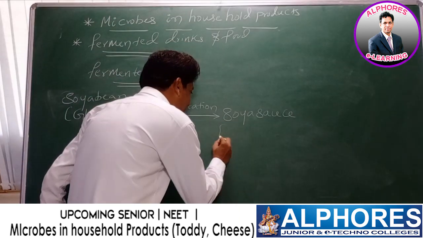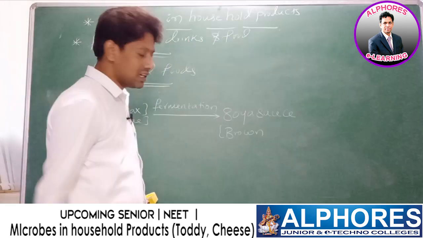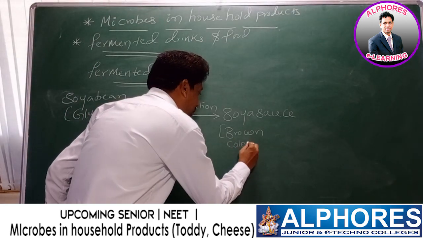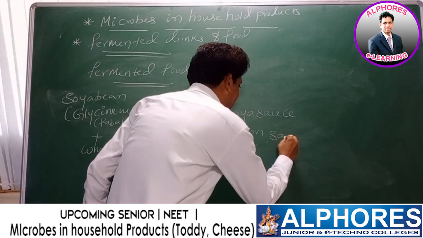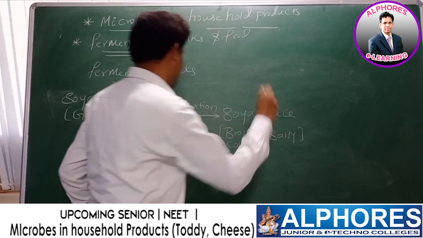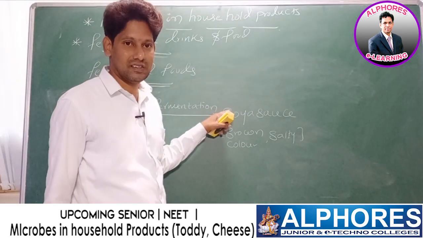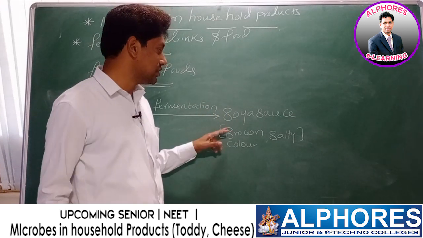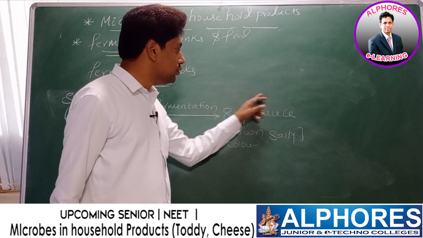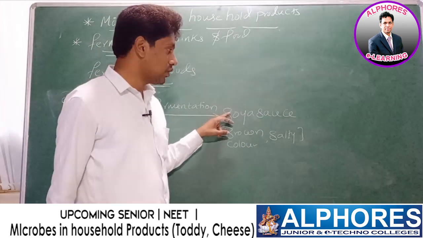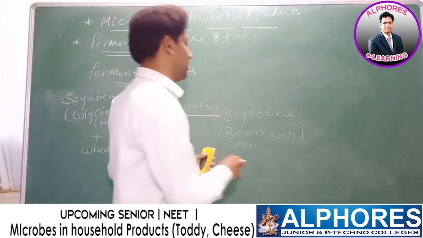Soya sauce is generally brown in color and it is somewhat salty. Therefore, on fermentation, we got soya sauce, brown in color and slightly salty. Sir, what is the use of this soya sauce? This soya sauce is used to obtain different types of food products.